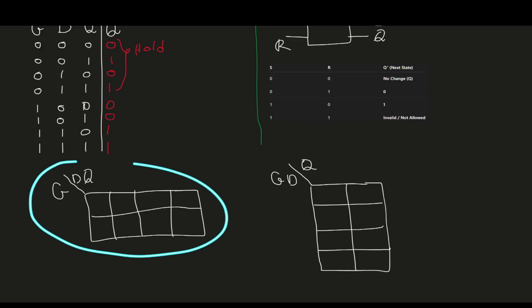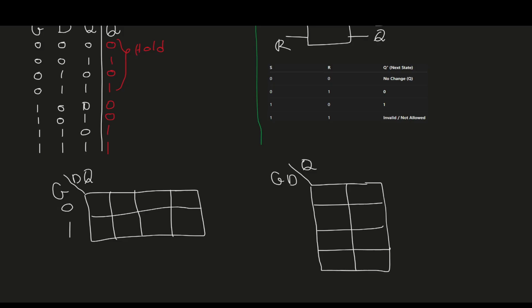Let's follow this path. G could be 0, could be 1, and then for DQ we have 00, 01, 11, and 10. So let's fill the table.